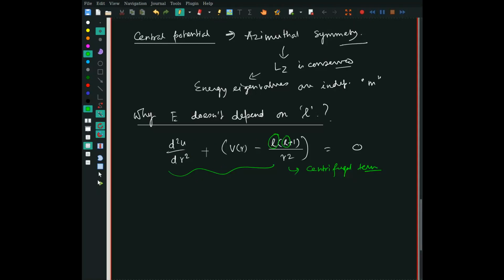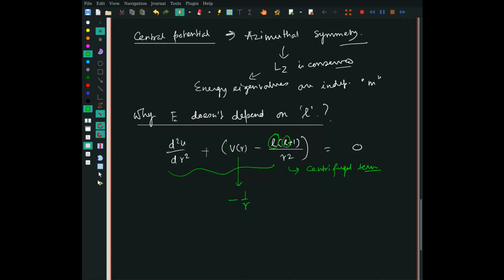But something happens if your V(r) is of the structure minus 1 by r. Then something special happens: when you calculate your energy eigenvalues, the l dependence goes away. Now I want to ask you why that happens.